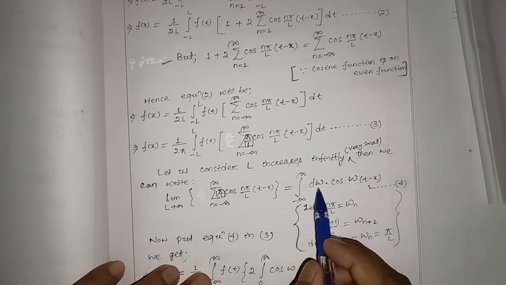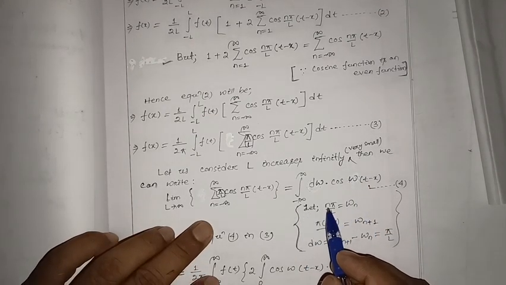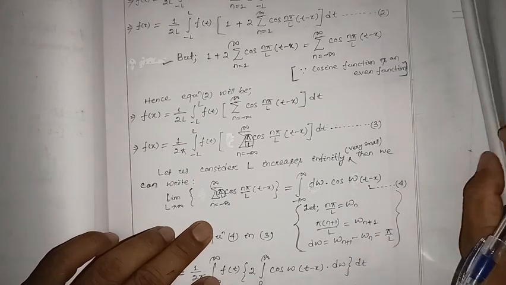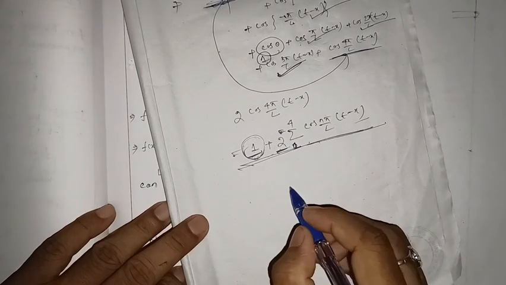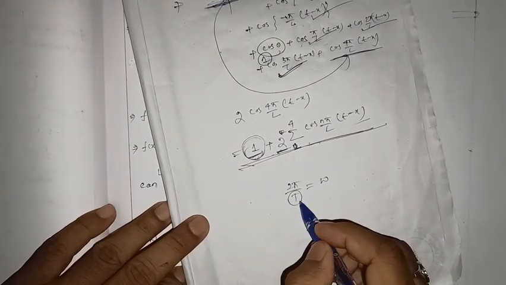How did d omega come? Here you can see. Let us consider that n pi by L is your omega n. As we know, 2 pi by T is your omega, where T is the time period.